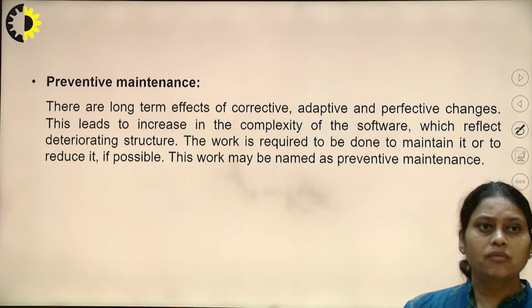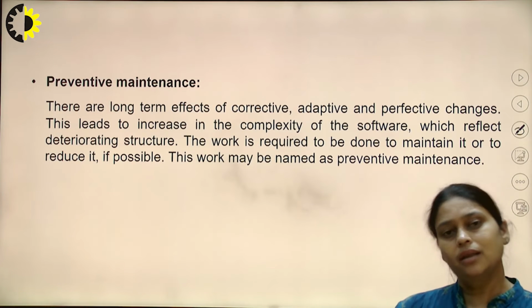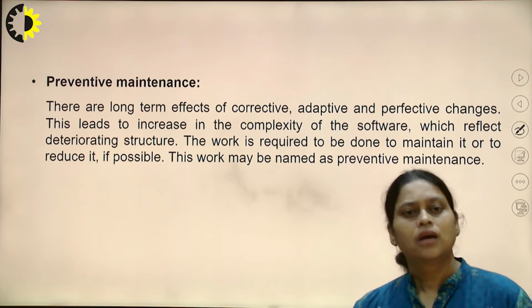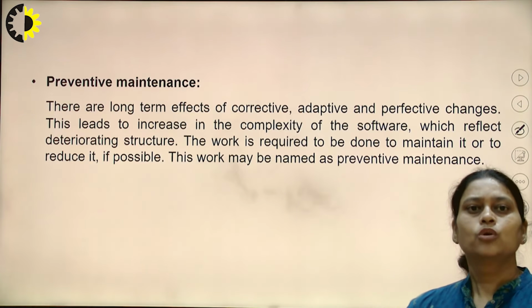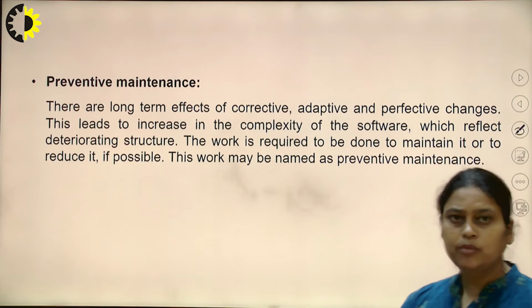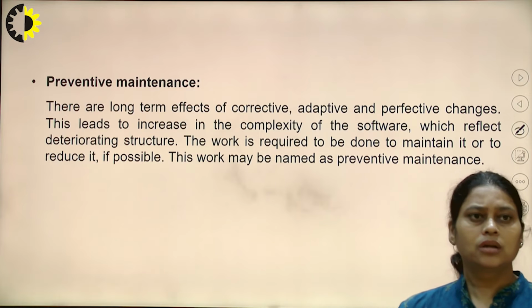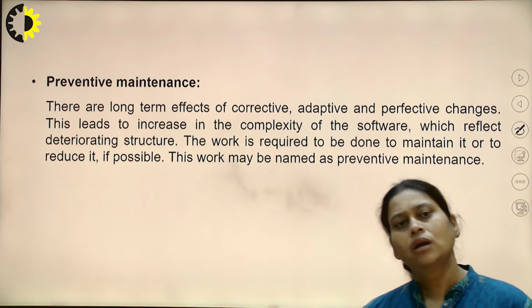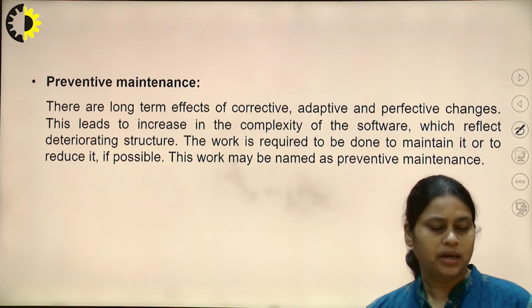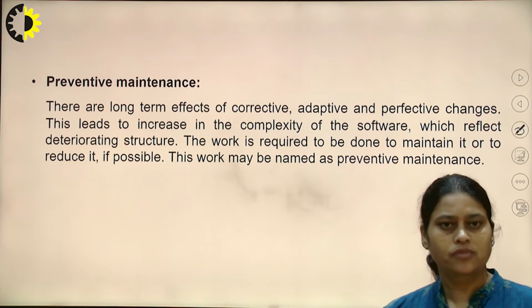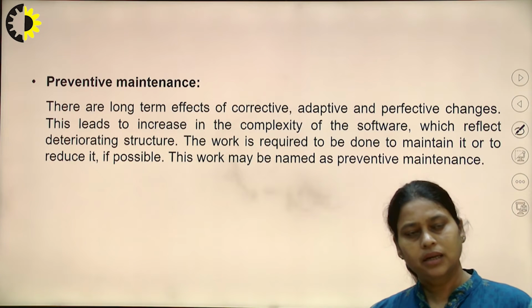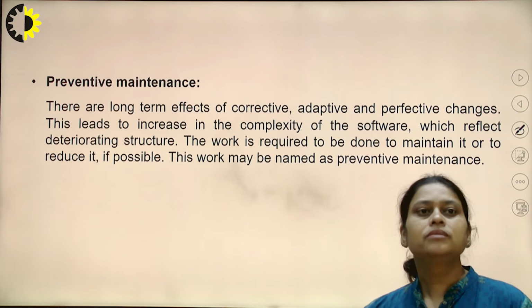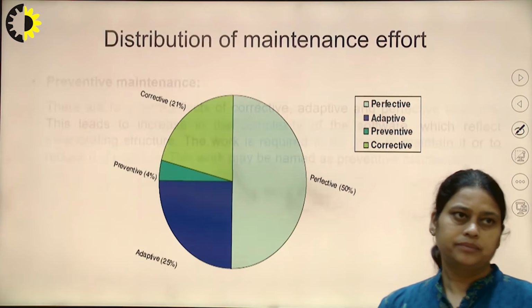So, work is required to maintain it, so that the performance of the software does not decrease. That work is named preventive maintenance. We have to work on preventive maintenance so that we can increase the performance of the software. So, these are the various categories of software maintenance: corrective, perfective, adaptive and preventive.